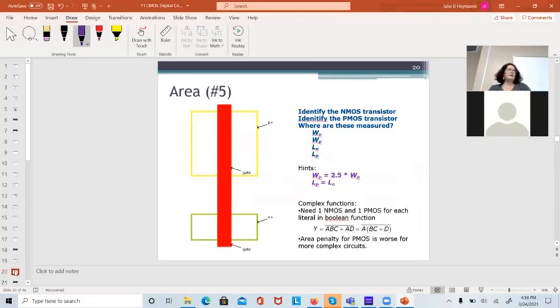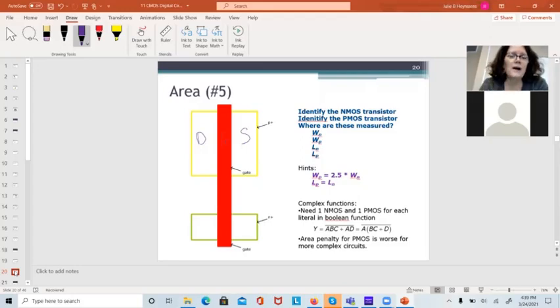Now this is what a CMOS inverter looks like to an IC designer. There's more elaborate stuff going on, but this is the basic part of it. What I'm going to do is lay out this active area, and the active area is the P plus diffusion. So this is the drain, this is the source, and this red area is the gate.